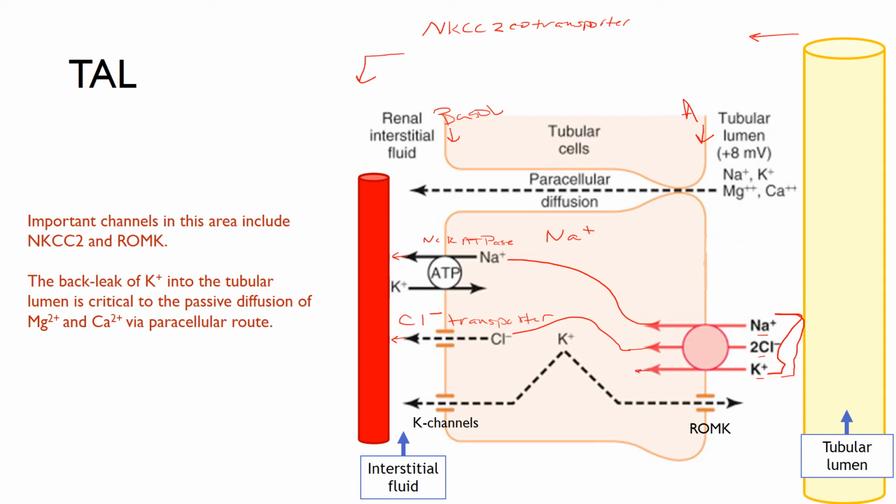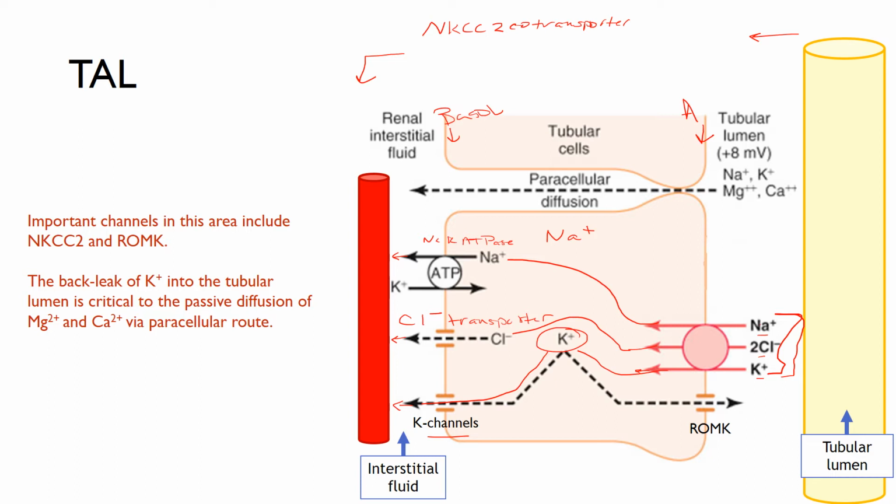Potassium has a very specific kind of dual destiny. Potassium gets inside the cell and it can do one of two things. Some potassium will continue to navigate across the cell and then exit the cell using potassium channels or potassium transporters. If this occurs, then the potassium that does move out across the basolateral membrane gets moved into the blood vasculature and it gets reabsorbed. But there is another fate.